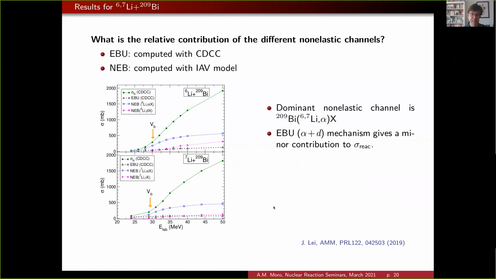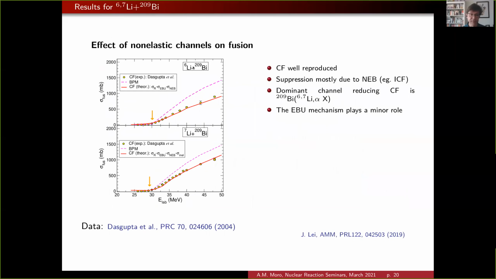So this is finally the complete fusion cross-section for the two systems. Our reference here could be a calculation that does not include all these effects, for example, a barrier penetration model.